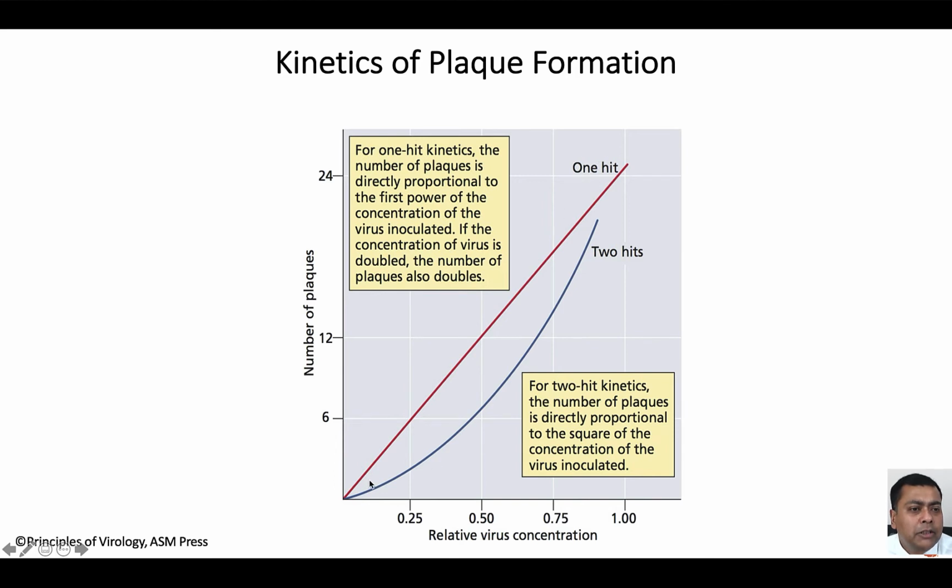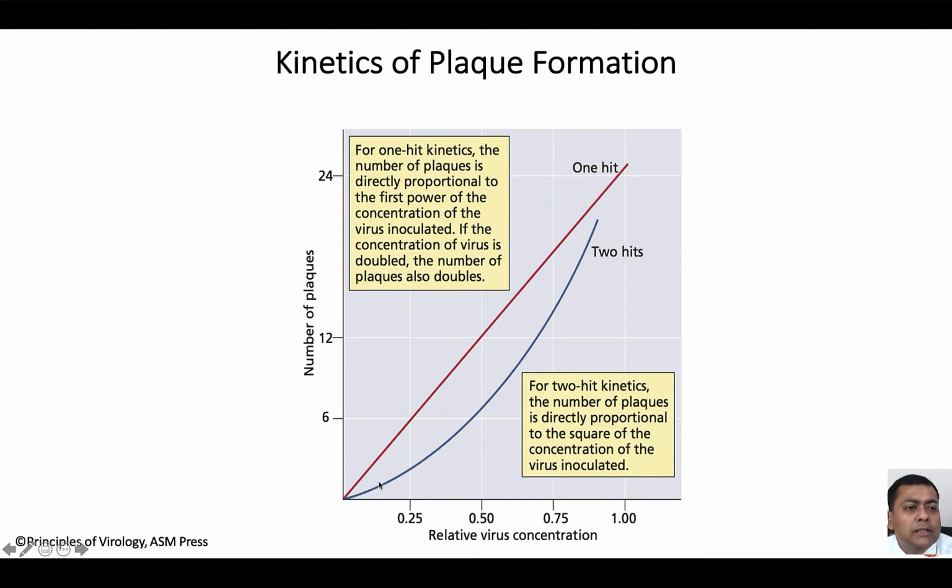So this type of graph you get when, theoretically, one cell is infected by just one virus. But you can argue, what if two viruses infect one cell, or three viruses do that? If two viruses do this, then you get a two-hit kinetics, where the number of plaques is directly proportional to the square of the concentration of the virus inoculated, and you get this type of graph.